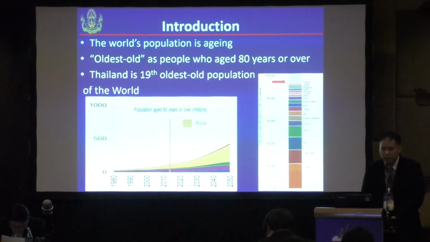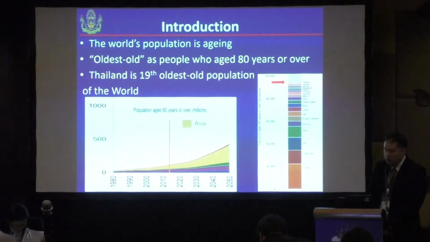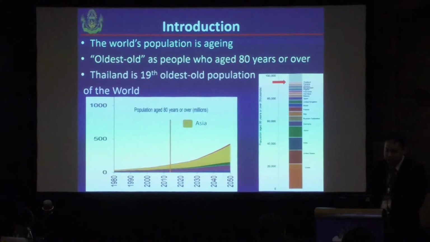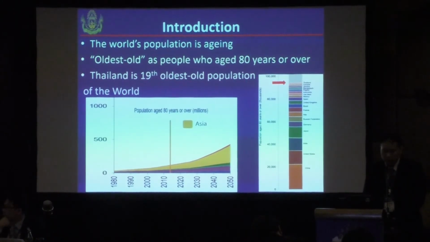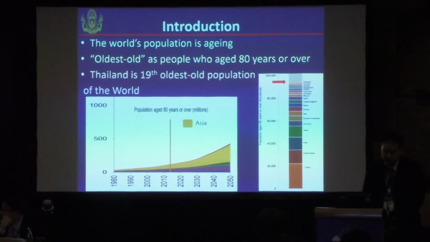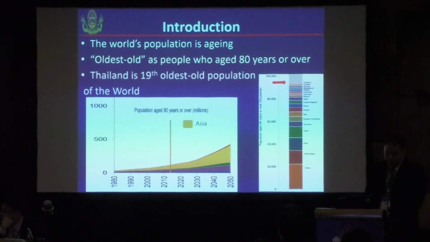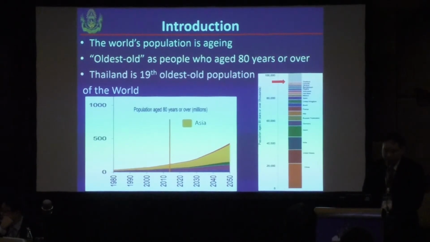The world's population is aging. The United States defines the term oldest old as people aged 80 or more. In the next 30 years, the number of oldest old people in Thailand will be in the top 20 of the world ranking.